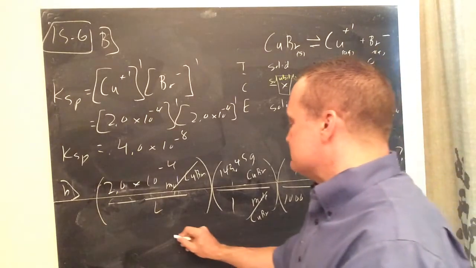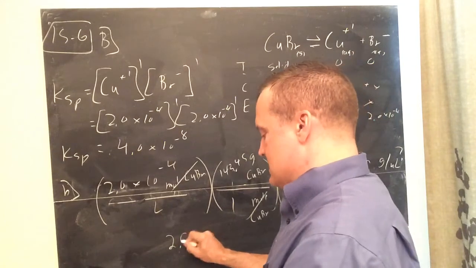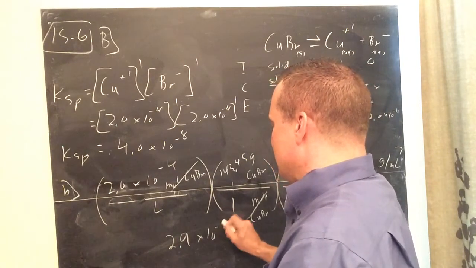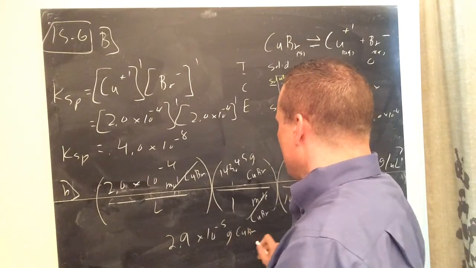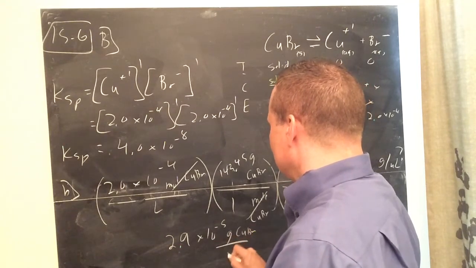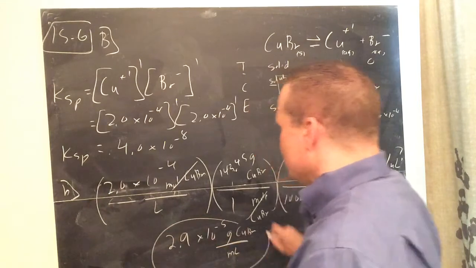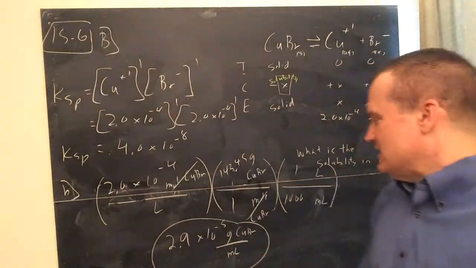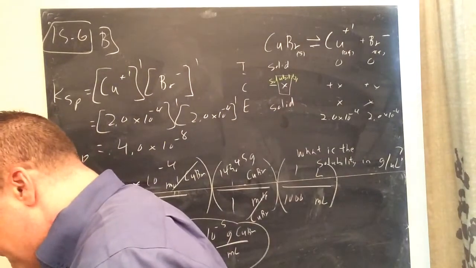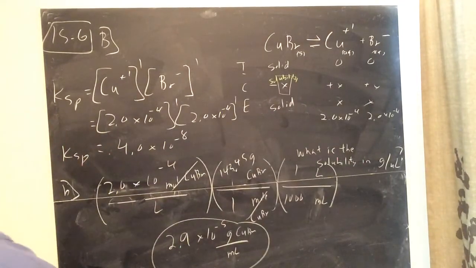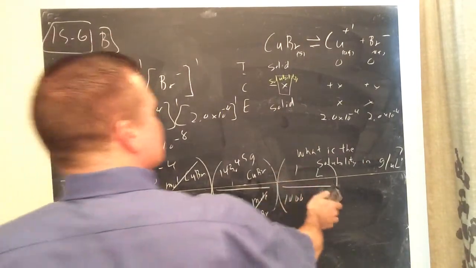And it's a very small number, 2.9 × 10^-5 grams of CuBr per milliliter. Okay, so make sure you know how to find the solubility.